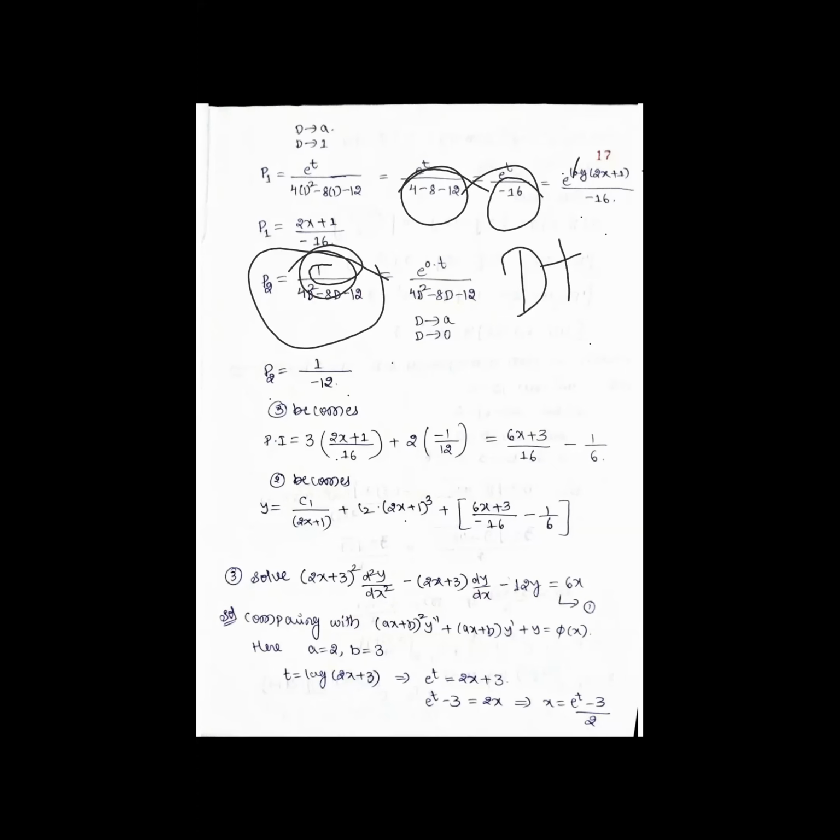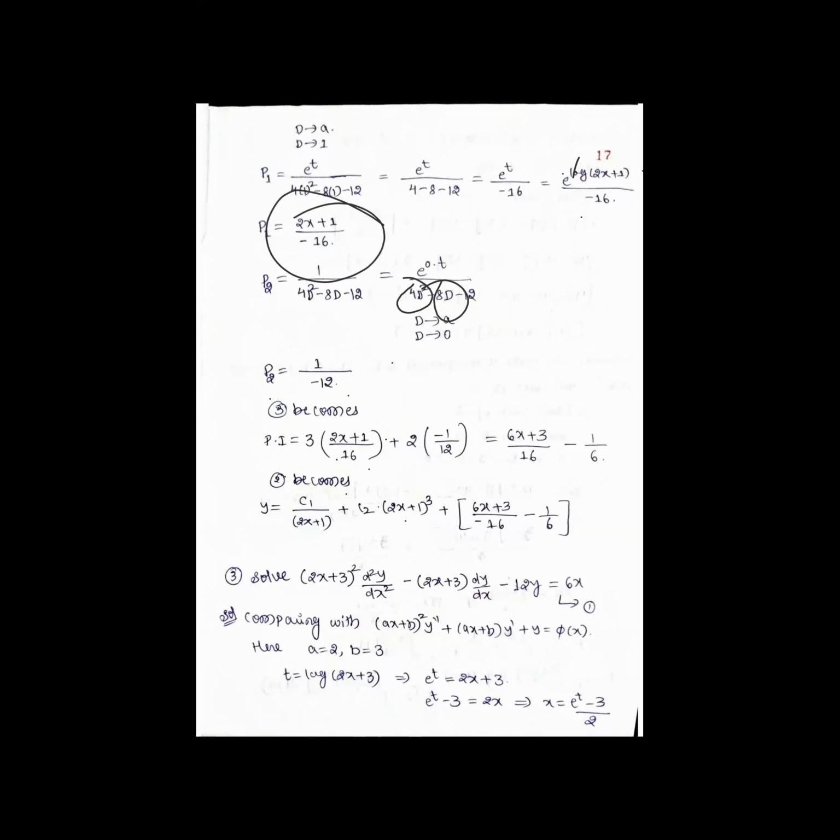D is replaced by a, type 1. a is 0 because the coefficient of t is 0. So D is replaced by 0. So substitute D as 0. So this is 0, this is 0. So minus 12. 1 upon minus 12.